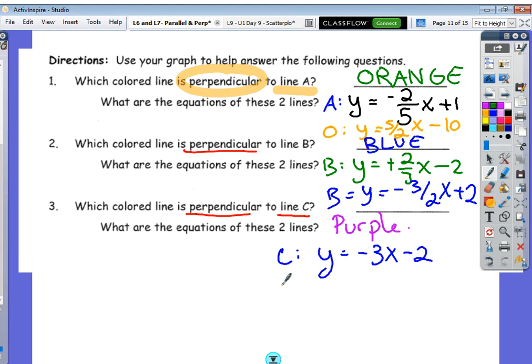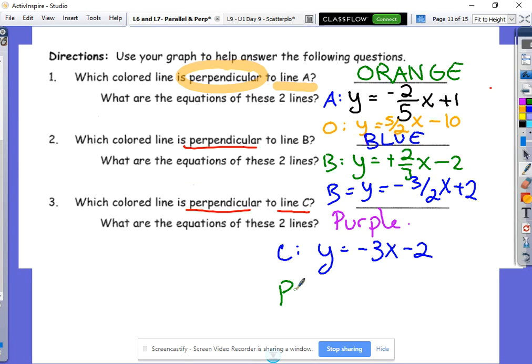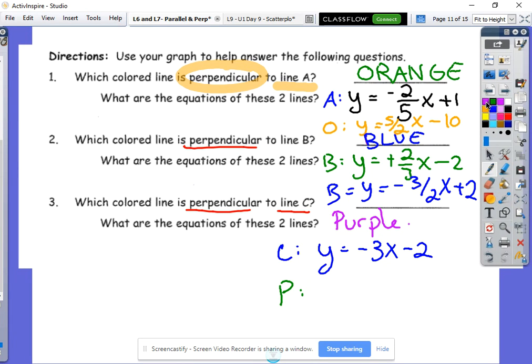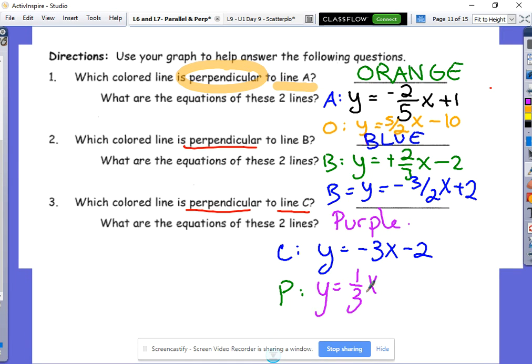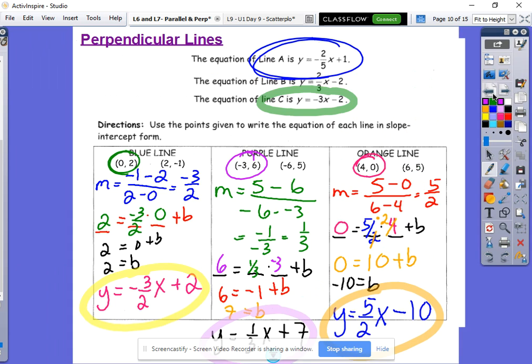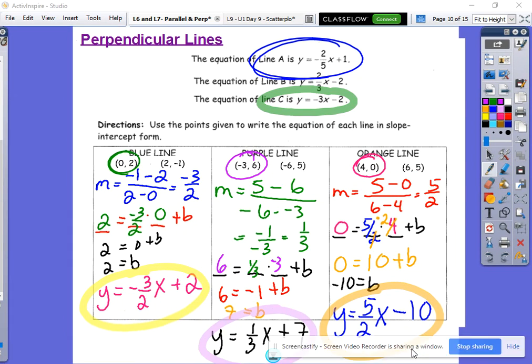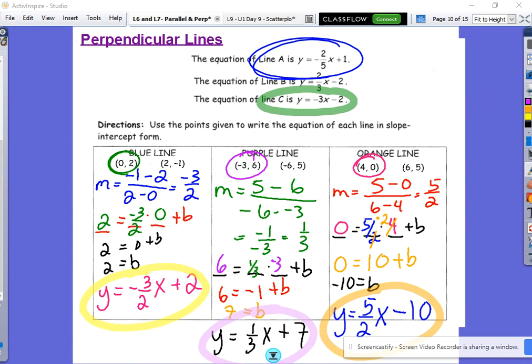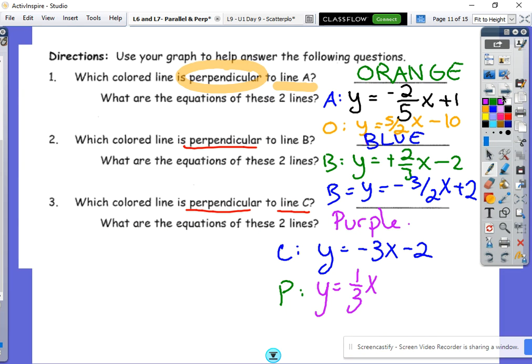And that was perpendicular to the purple line. And the purple line's equation was y equals 1/3 x plus 7. Okay, so 1/3 x plus 7.